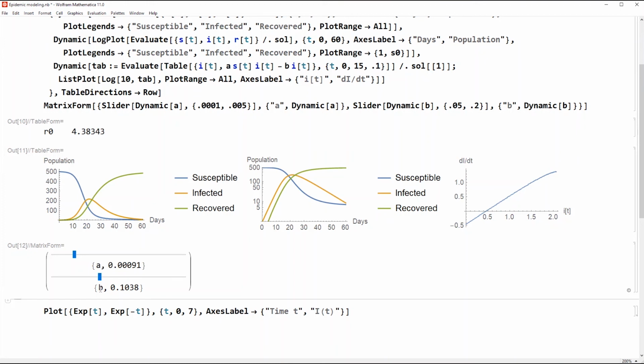So the B parameter is really a function of your biology, and unless everybody is suddenly given something, like a vaccine or a cure, basically this number is not really going to change.